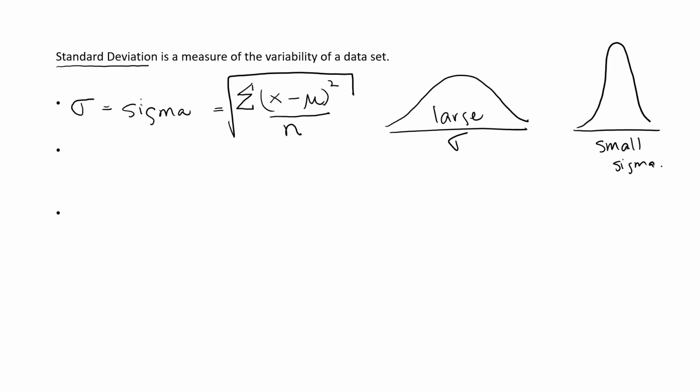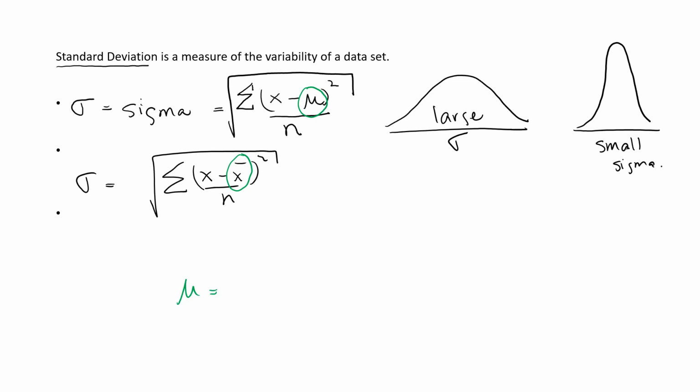Now, sometimes you will see that formula in a slightly different way. We're not going to make too much of a big difference about these two, but you might see it this way, and notice that this and this look different. Mu is the symbol for the mean of the population.